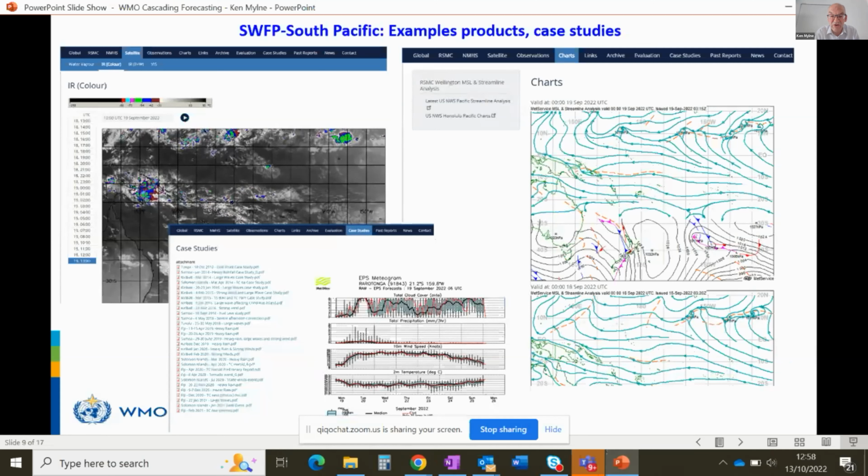In this case, it's for a particular location, Rarotonga, and it shows cloud cover, precipitation, wind speeds and temperatures. And the little diagrams, the box and whisker plots, are showing the range of uncertainty through ensemble forecasts in this case. So that's just a couple of examples from there.